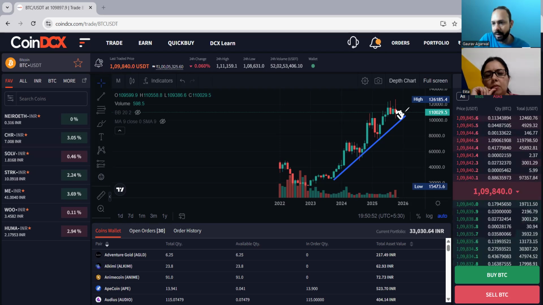It has to touch this blue line, right? There are two ways to touch this blue line. Either the price should come down, right? Or the price will keep consolidating in this manner and the line will move up like this. And somewhere here it will touch and then it will go up.